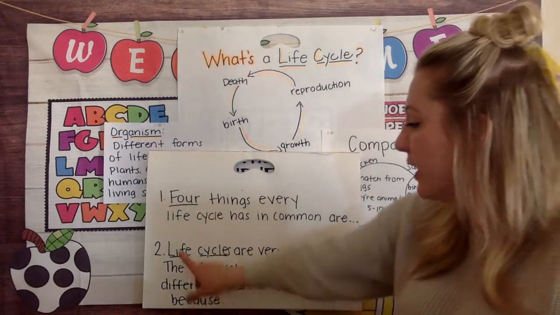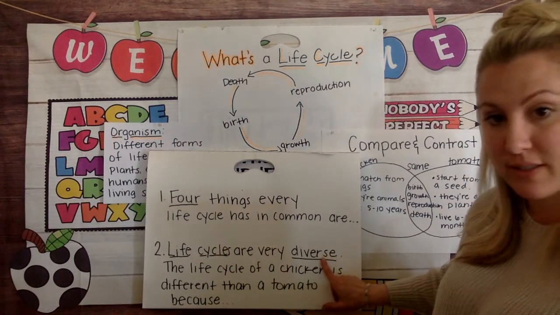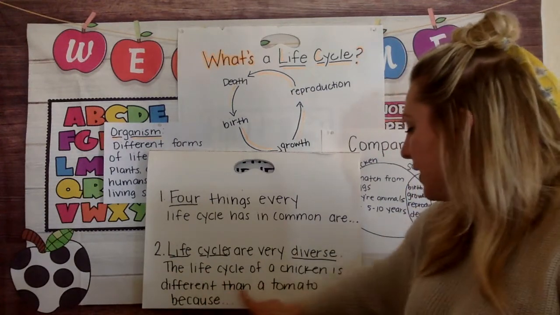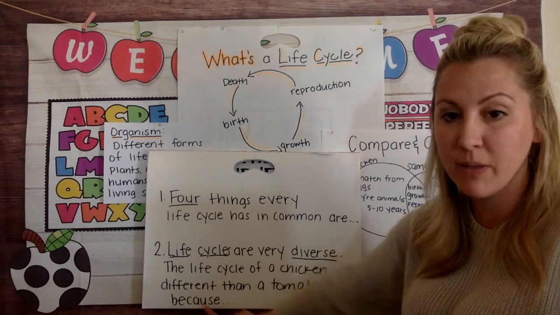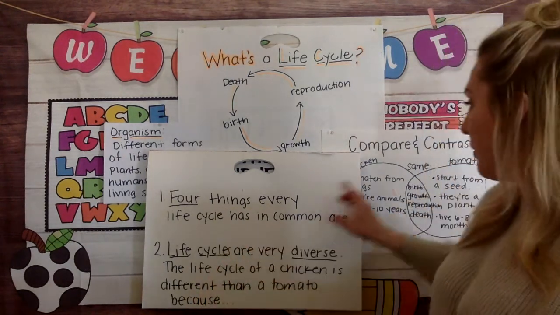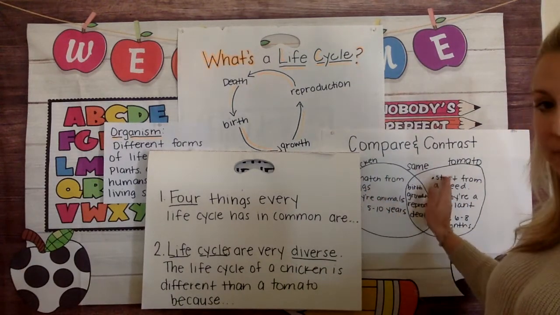The second one says, life cycles are very diverse. Remember, diverse means different. The life cycle of a chicken is different than a tomato because. And I want you to tell me why the life cycle of a chicken is different than a tomato. And remember, we just compared and contrasted it over here, so you can refer back to our Venn diagram.